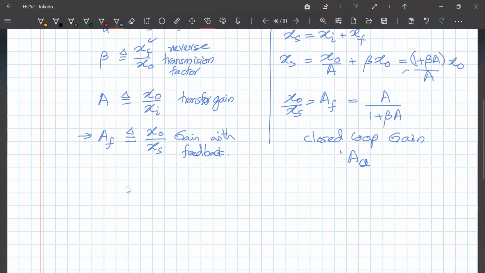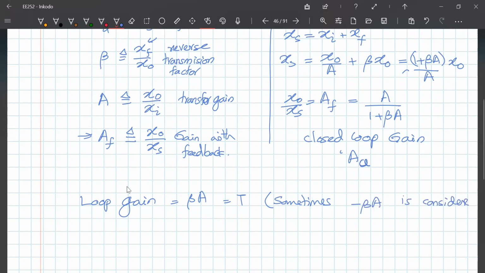And the loop gain we call beta times A. Sometimes we use the notation T. Sometimes we use the negative, minus beta A, as the loop gain.